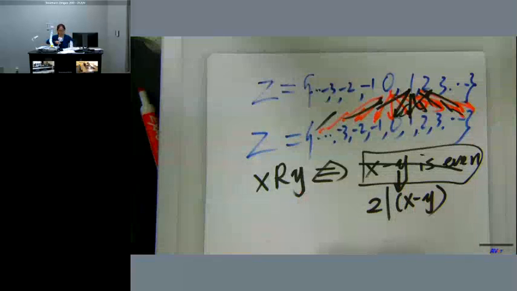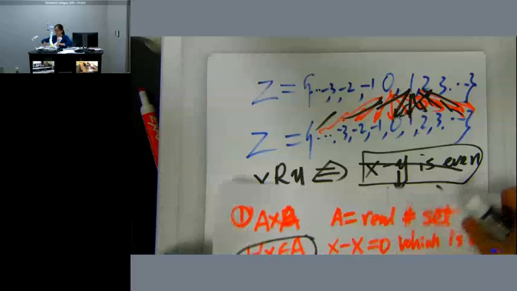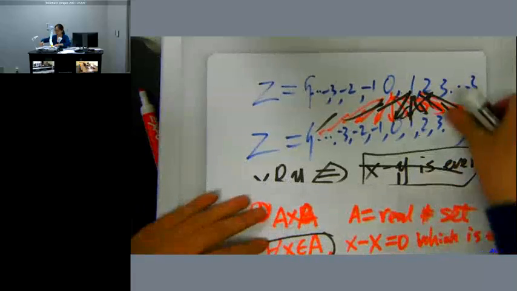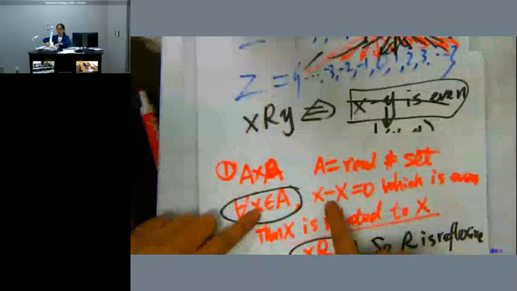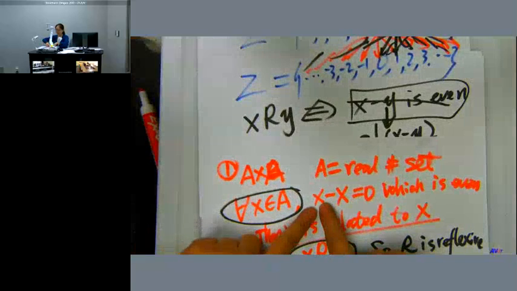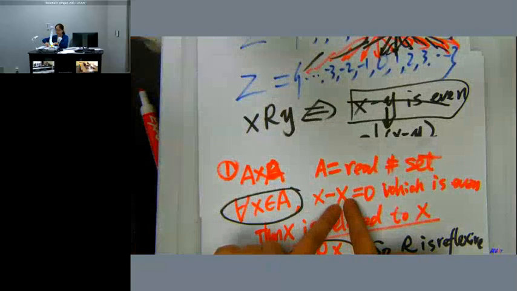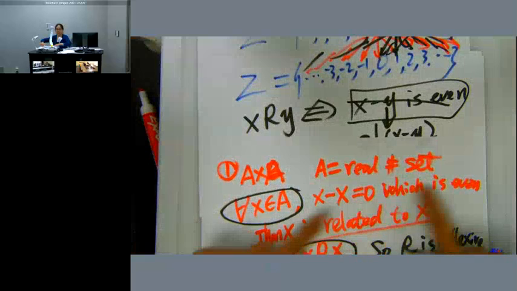So last time, if you took notes, we already did this before. How do you check, do you remember how we check whether this is reflexive? If we don't use this way, just use that. How do we check it? Why is it reflexive? Yes, that's right. Any number x minus itself is equal to 0, which is even, right?